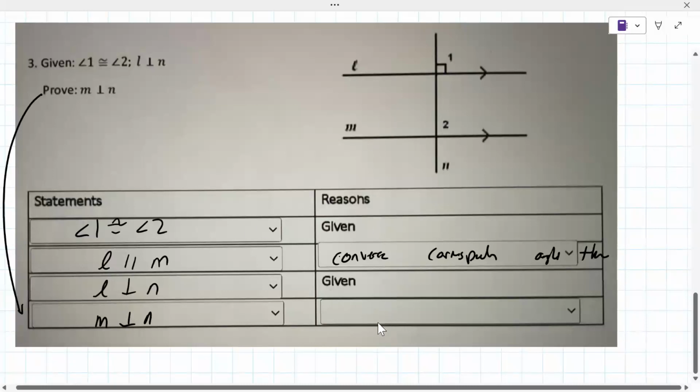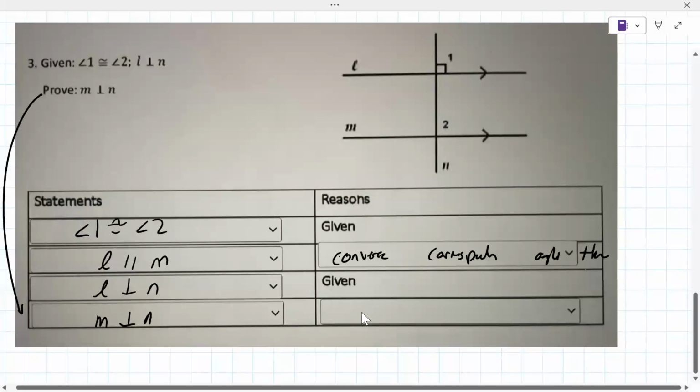Definition of linear pairs, nope, because they're not together. If they were together, it would be that. Corresponding angles theorem, they are not corresponding, they're two lines. Converse of corresponding angles I already used.